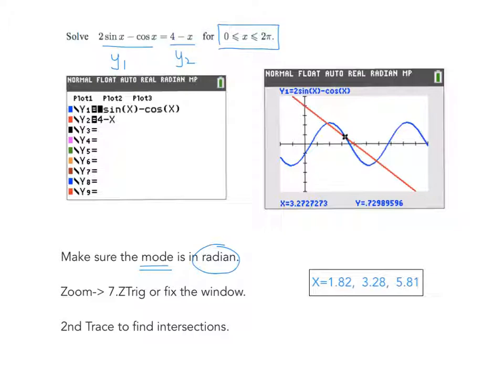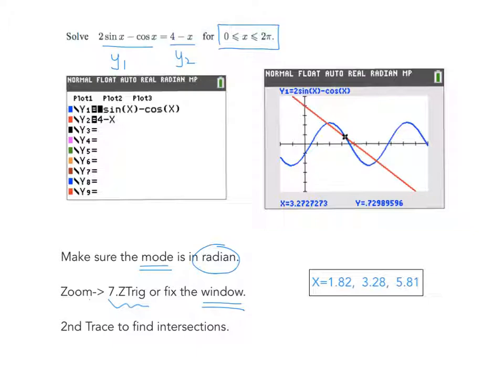Then you would go to graph to get the graph on the right side. Sometimes you don't get that graph and you might have to play around with the window, but I find it helpful if you go to Zoom and number 7, ZTrig. Sometimes you still have to play around with the window.